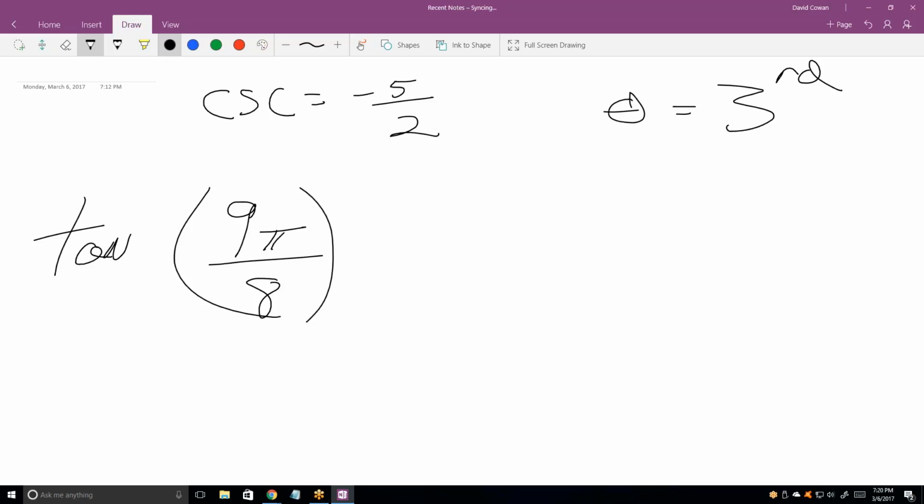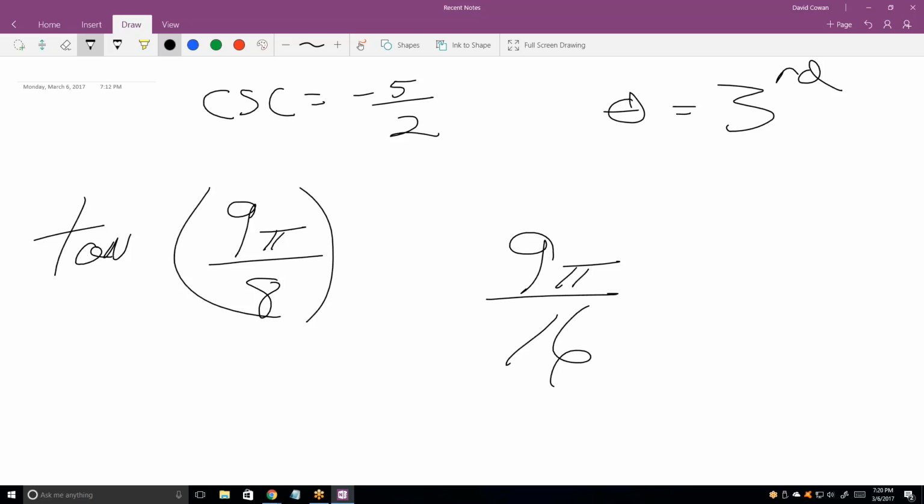Right. So I did two things that perhaps you weren't aware I was doing. One, I divided it by 2 to see whether that would be a common angle, and it was not, because 9 pi over 16 is also not common. And you know what I mean by common, it's not on the unit circle.